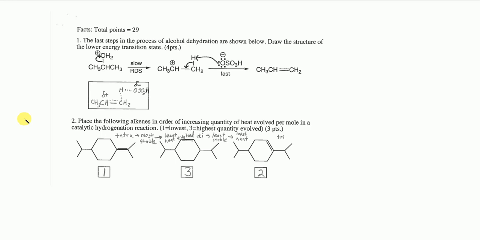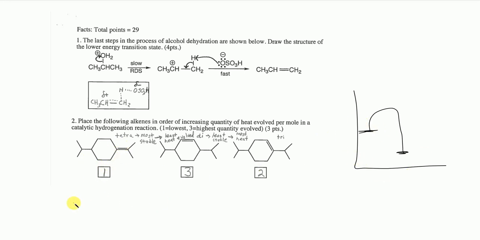I need everyone to think about the quantity of heat evolved. Heat is going to be evolved in exothermic reactions, right? And a reaction is exothermic in this case, so I start from something that's high energy and I go to something that's lower energy. So that's exothermic. I want everyone to think about this.